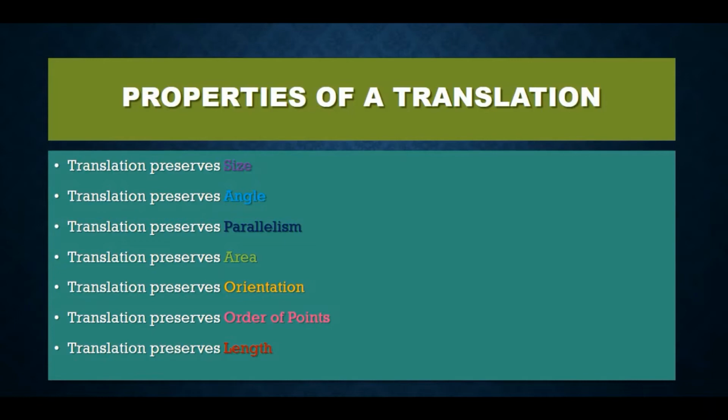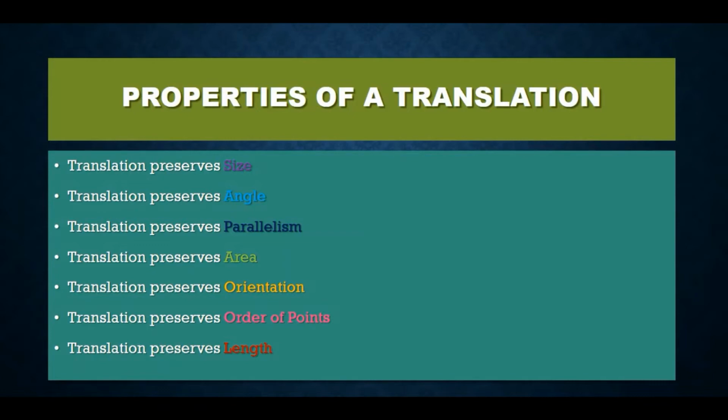Translation preserves area. Well, the area of your object, otherwise known as your pre-image, is going to equal the area of your image after you have completed your translation. So that's another property. And translation preserves orientation.